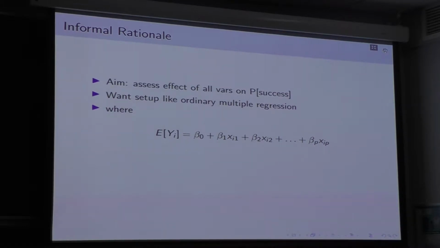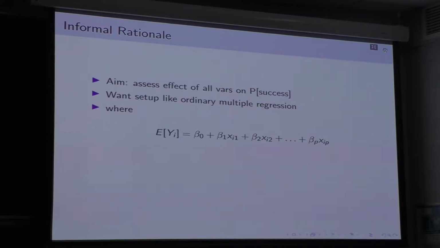We say, on average, our response is given by some linear combination of the values of various, here we've got P different predictors or covariates, and we estimate from the data suitable values for the coefficients, betas, so that on average they're predicting Y well.